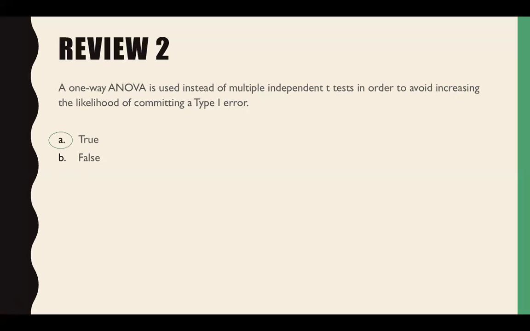Really, this is just showing you that in order to reduce the likelihood of committing a type 1 error, you would use a one-way ANOVA instead of multiple independent t-tests, because technically you could use several different t-tests in order to test different groups, but a one-way ANOVA is just a more efficient way of testing those groups against one another, and it also reduces the likelihood of committing a type 1 error or having a false positive.